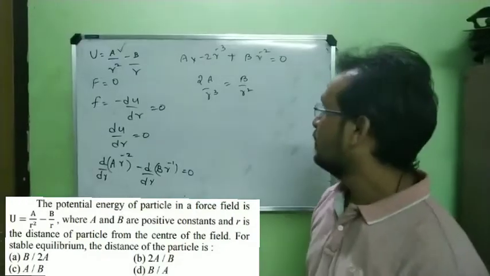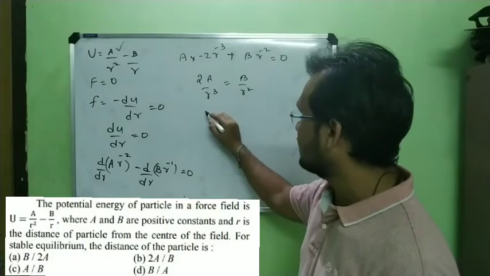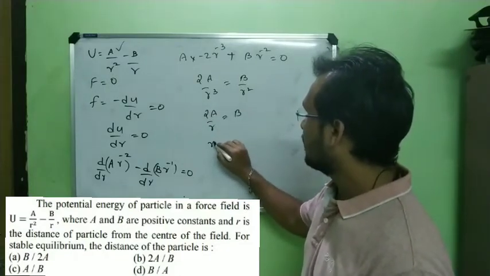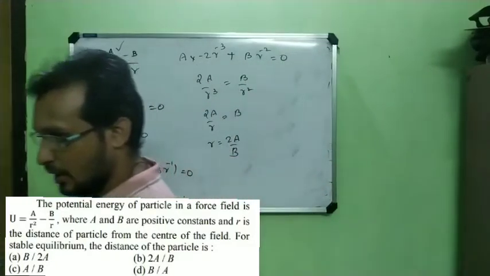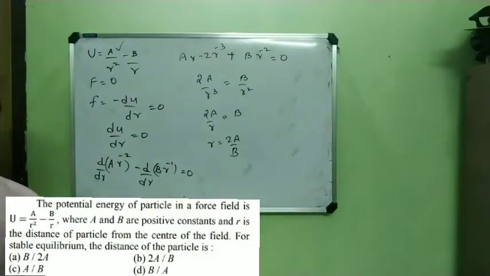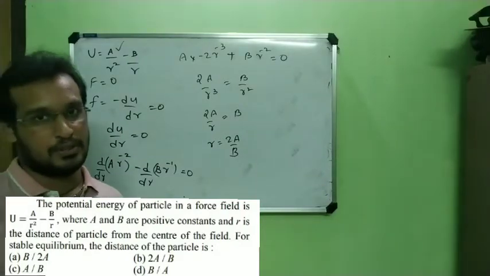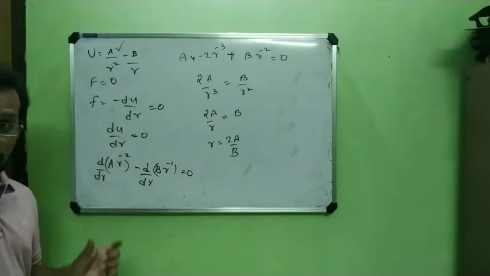Is it okay? 2A by r cube equal to B by r square, or 2A by r equal to B, or r equal to 2A by B. Among the answer options, r equal to 2A by B, option B is the correct answer. Hope you got it. Clear? Shall we move to the next question?